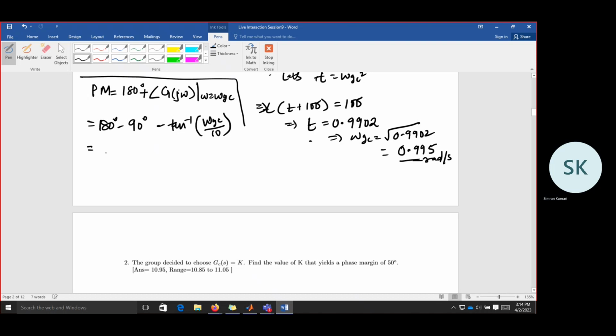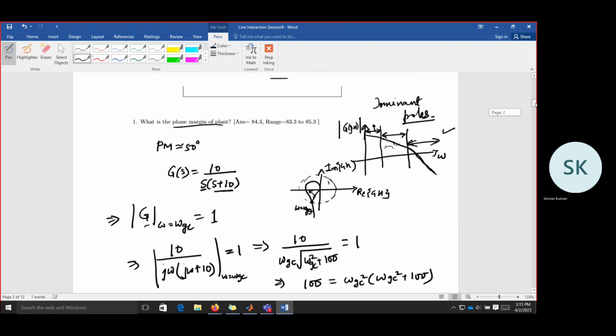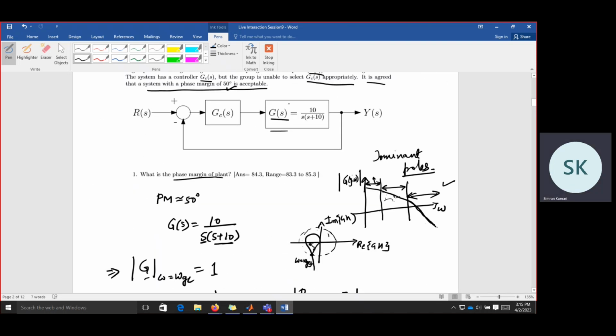So we have 90 minus tan inverse of 0.995 by 10, and this gives us 84.32 degree. So this is the phase margin of this plant G(s).